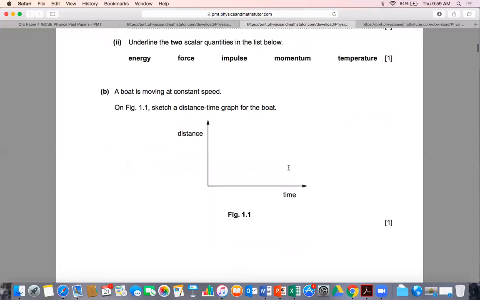Next one, a boat is moving at constant speed. Sketch a distance time graph for the boat. Is it a straight line?